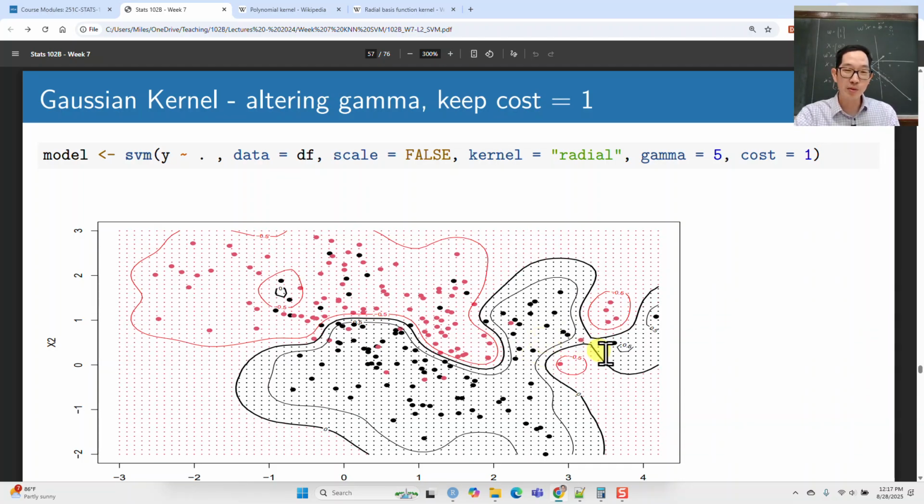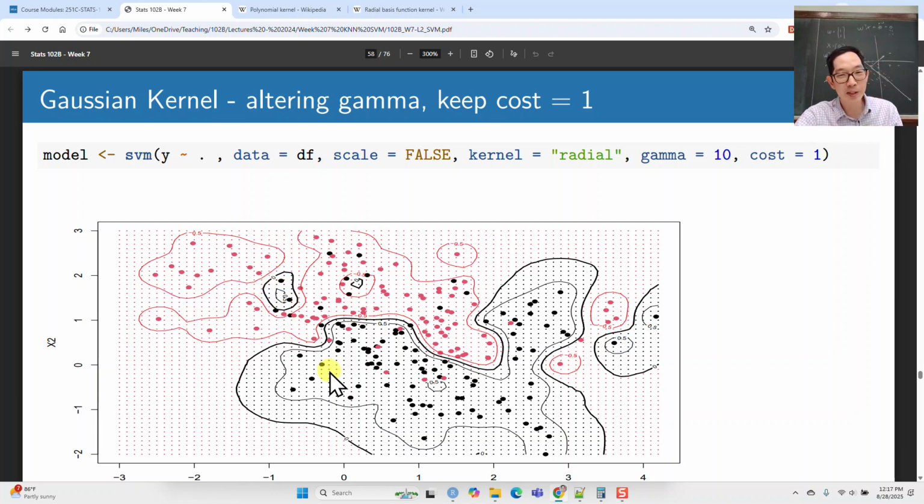And with gamma equal to 5, okay, it's really trying to draw tight boundaries to accommodate that, but it also wants to make sure we're classifying these ones correctly. It even starts to try to draw a circle over there, okay?